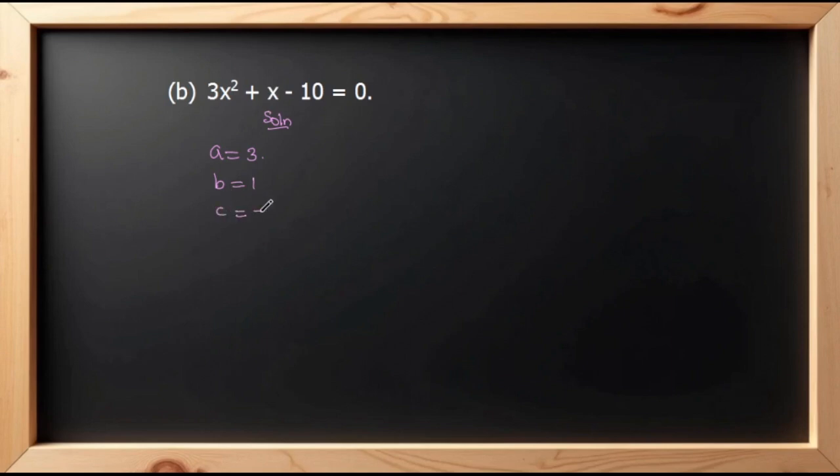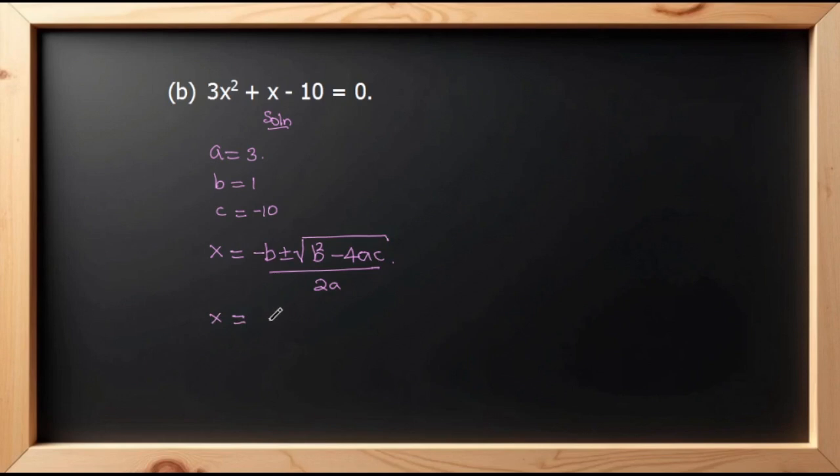Now from here we can go ahead and put our formula: x is given by negative b plus or minus the square root of b squared minus 4ac, all over 2a.